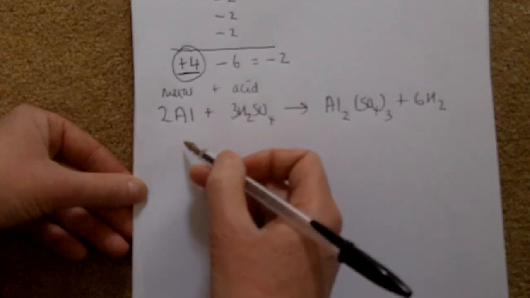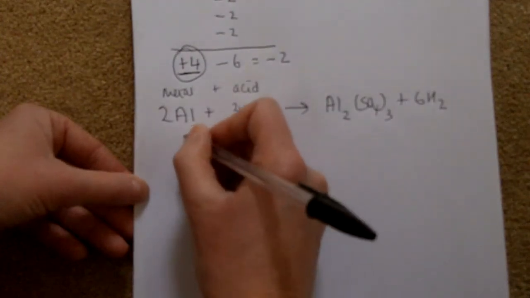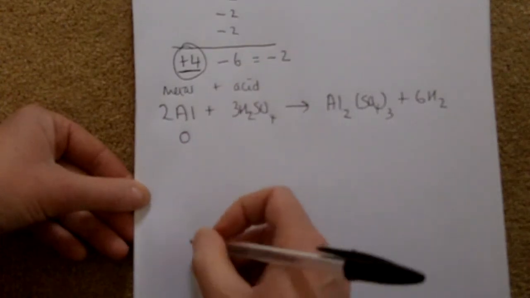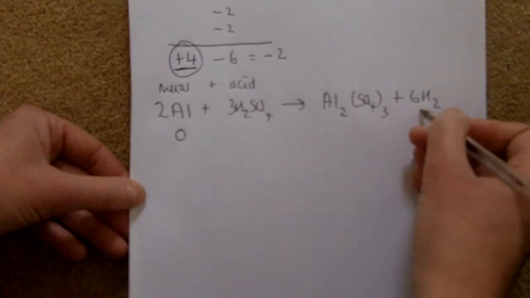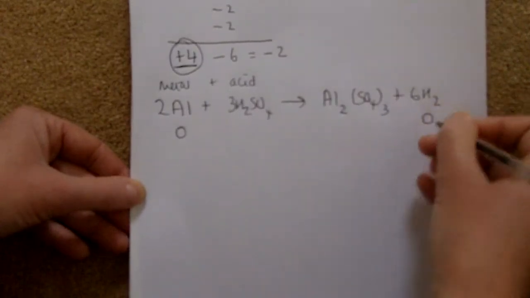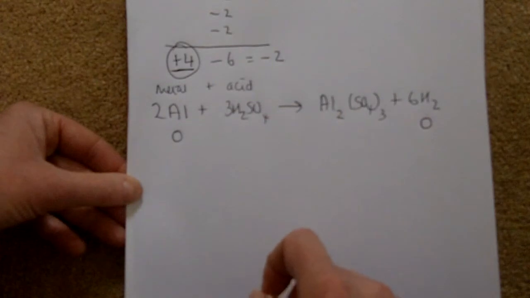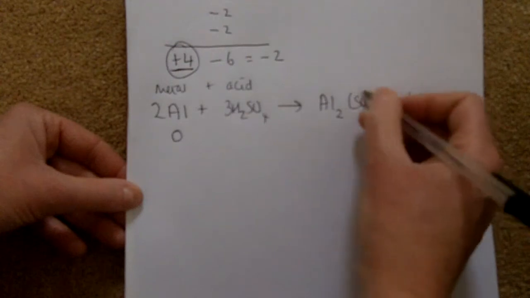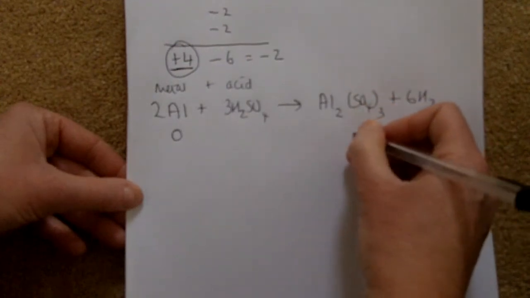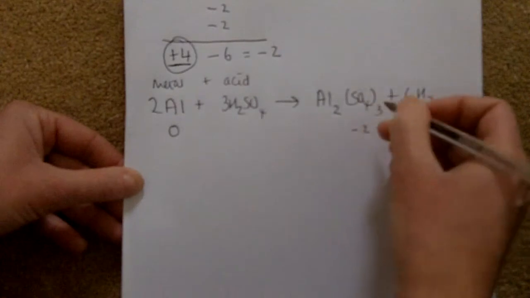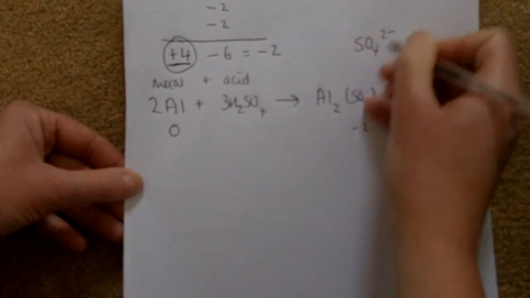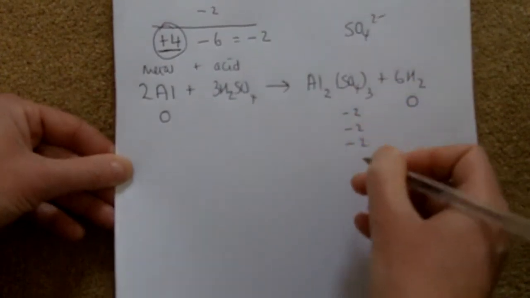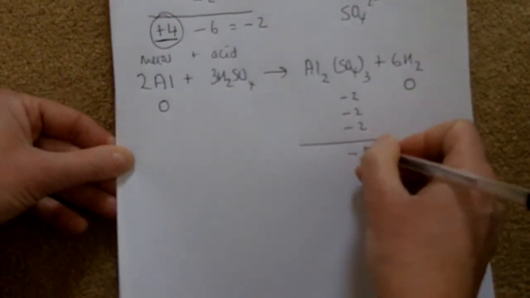Aluminium, the oxidation number of aluminium, it's an element. Elements are always 0, rule number 1. Oh, we can see another element here. So hydrogen is 0 because it's an element. Okay, so SO4, we can take this as a whole group. The whole group SO4 is -2, because we know that sulfate is -2. There's 3 of them, so that would be -6.